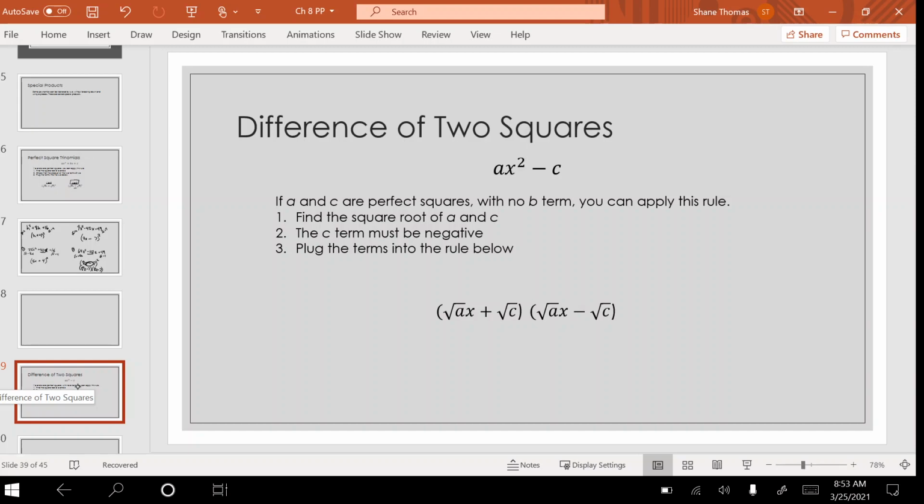All right, you finish writing that down, and then we'll move on to a couple examples. Okay, a couple examples of this.